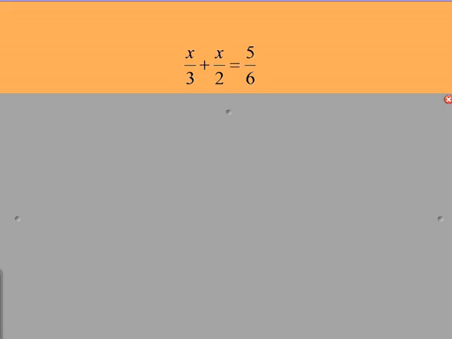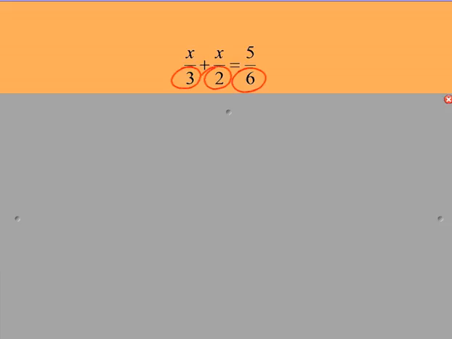In our first example, x over 3 plus x over 2 equals 5/6. Now, in order to eliminate the fractions, we need to come up with a common denominator. Notice our denominators, 3, 2, and 6. You need to think to yourself, what is the common denominator?